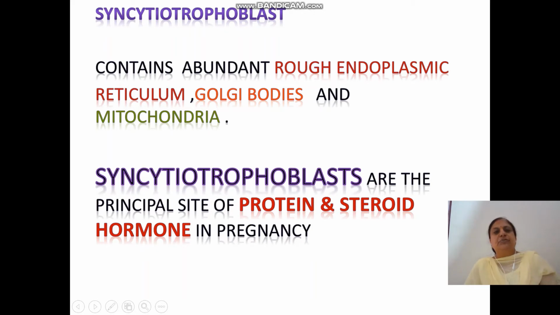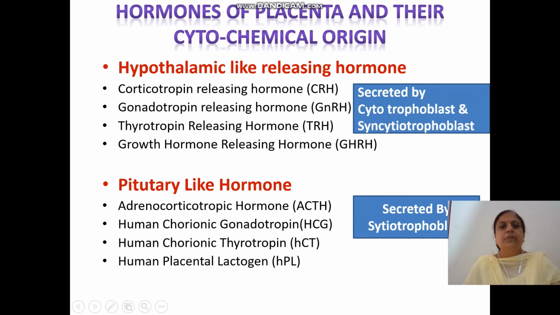The syncytiotrophoblast contains abundant rough endoplasmic reticulum, Golgi bodies and mitochondria. Syncytiotrophoblasts are the principal sites of protein and steroid hormone synthesis in pregnancy. There are various hormones secreted by the placenta. They can be classified into two categories: hypothalamic like releasing hormones and pituitary like hormones.